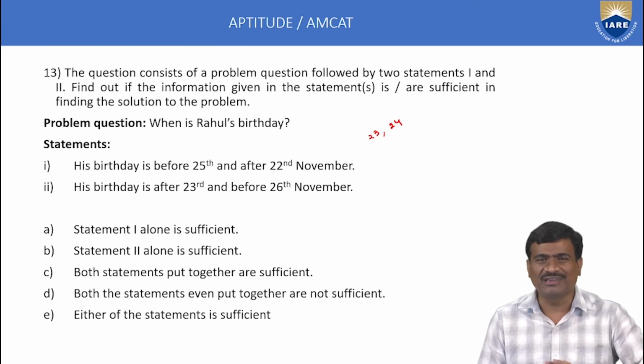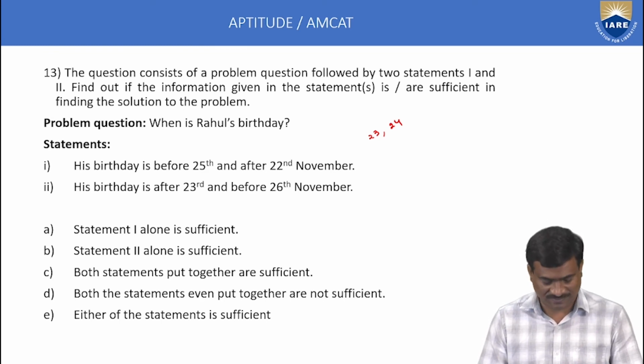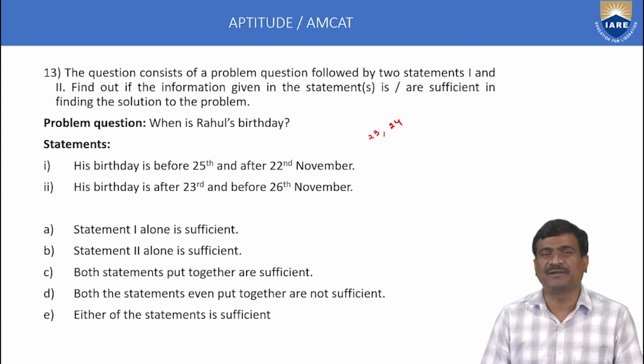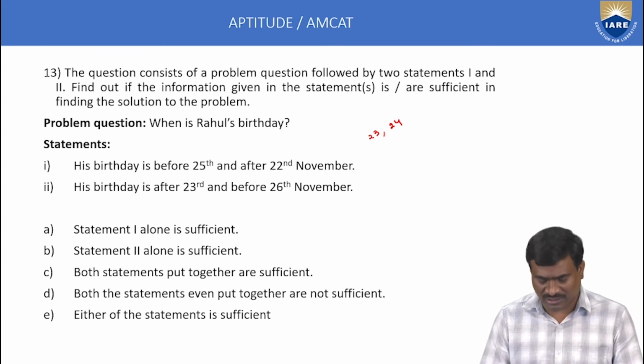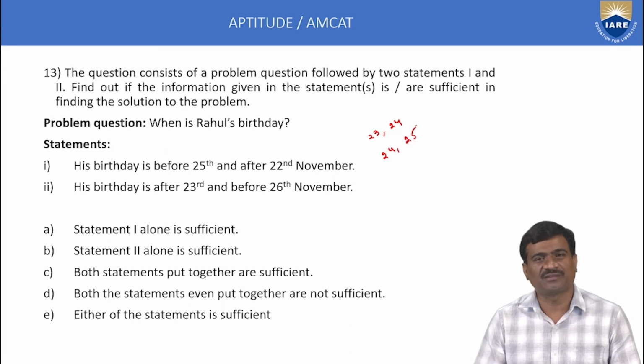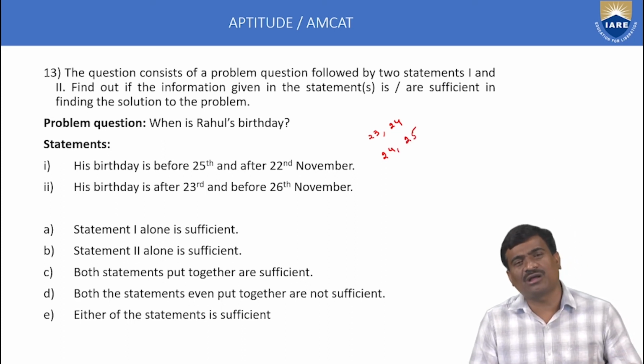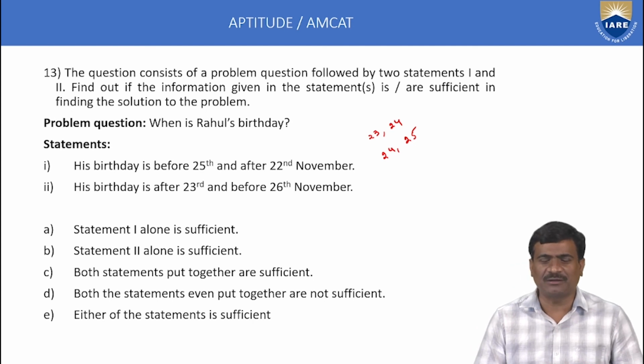It's not unique, so A alone is not correct. Similarly, statement 2: his birthday after 23rd, before 26th. After 23rd means 24 possible and 25 possible. The second statement alone is also not sufficient because 2 dates are possible.